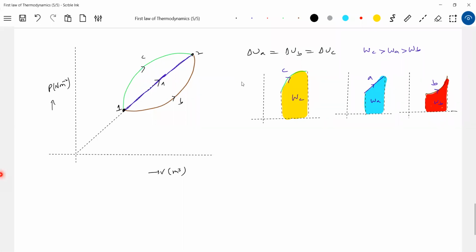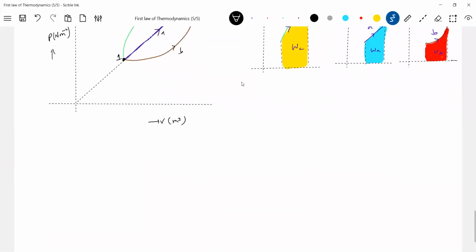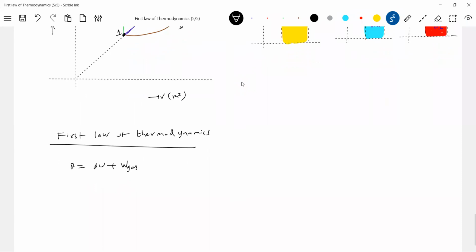Now let me relate the first law of thermodynamics. It relates the heat with the change in internal energy, and the work done by the gas. Or in the differential form, you can write it. I'm writing gas very specifically, because it is understood that work done means work done by the gas only.